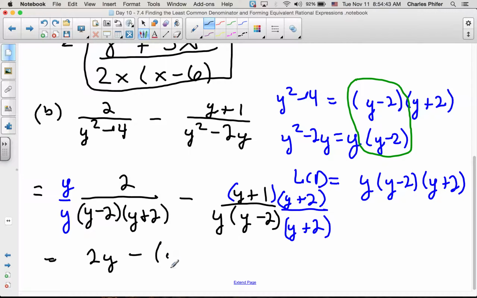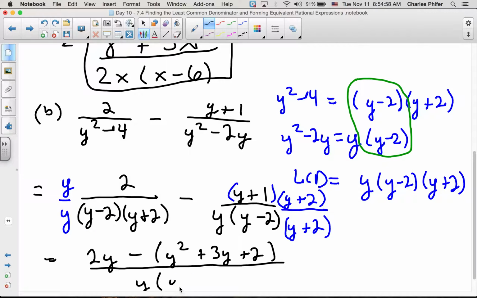So it's going to give me y squared plus 3y plus 2 all over y times y minus 2 times y plus 2.